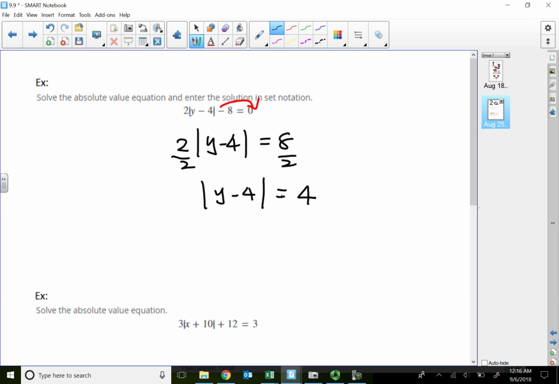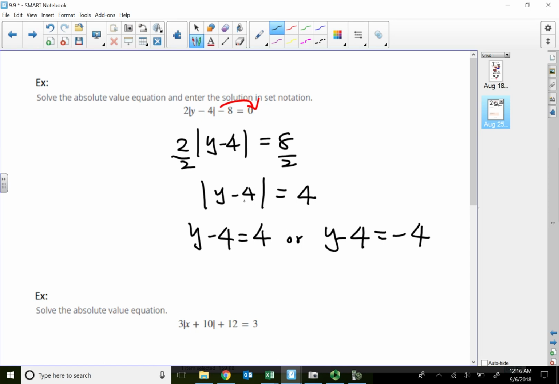So once the absolute value term is by itself, the next step is to set them up as two separate equations without the absolute value. So that will be y minus 4 equal to that positive 4, or I'm going to take my y minus 4 and set it equal to the negative 4. Okay?